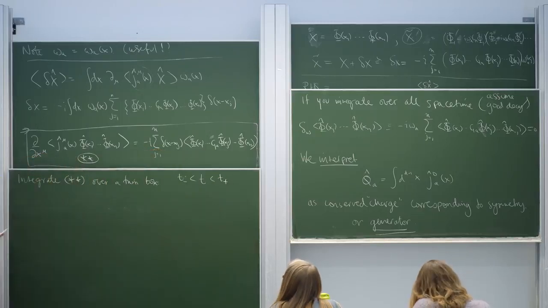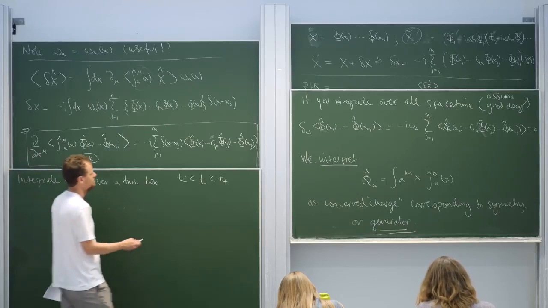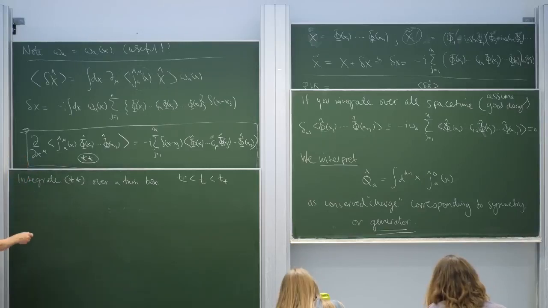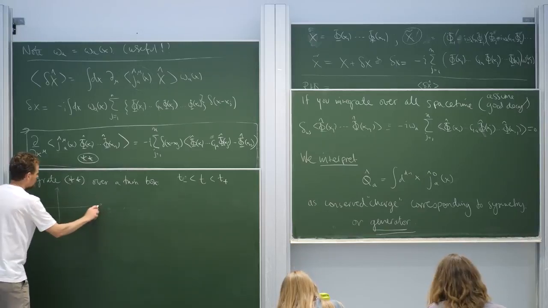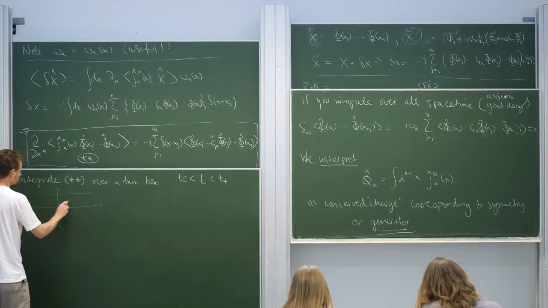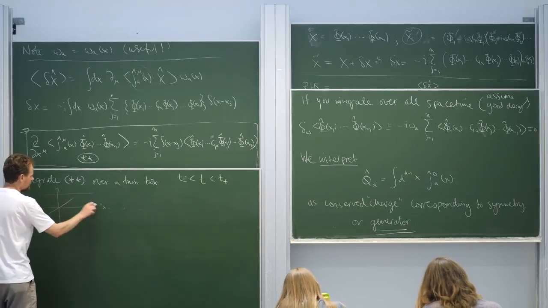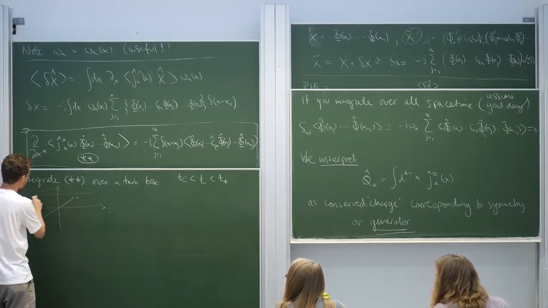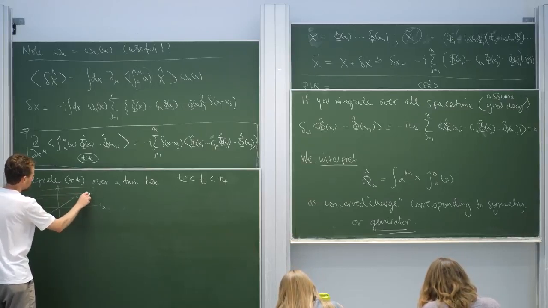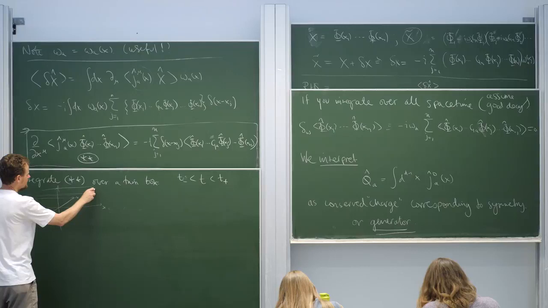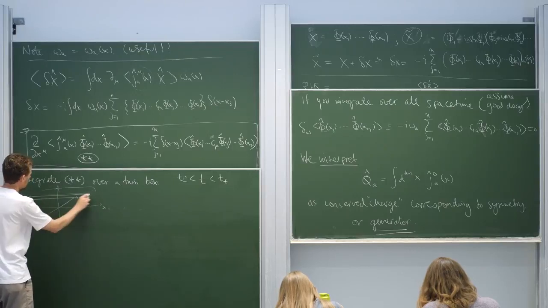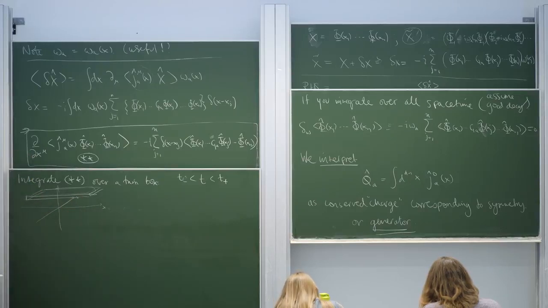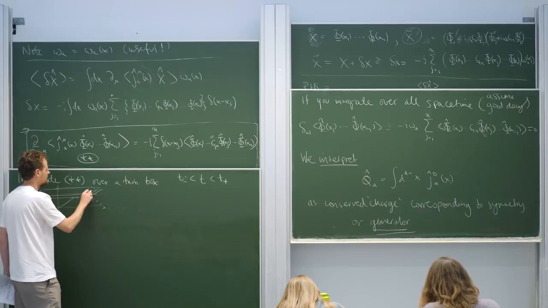So we're going to integrate over a thin box bounded by t minus and t plus, which are infinitesimally close to each other. So on a space-time diagram, here's x, here's y, and here's t. Then at some given t, we're integrating over a box of width t plus minus t minus, on the left-hand and right-hand side of the Ward identity. So this is t minus, this is t plus.